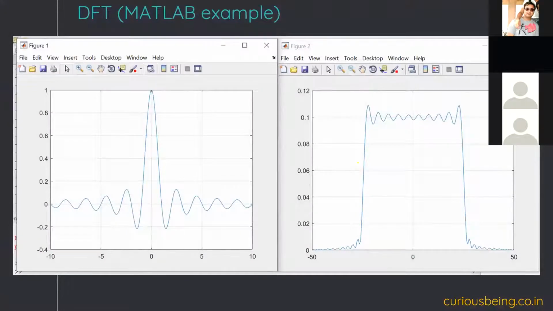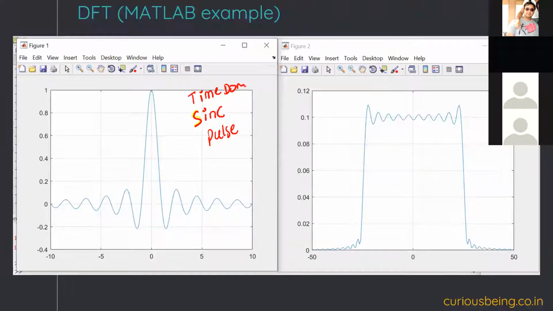So this is one example that is simulated from MATLAB. This is just to show how it looks. This is a time domain sync pulse on the left side.